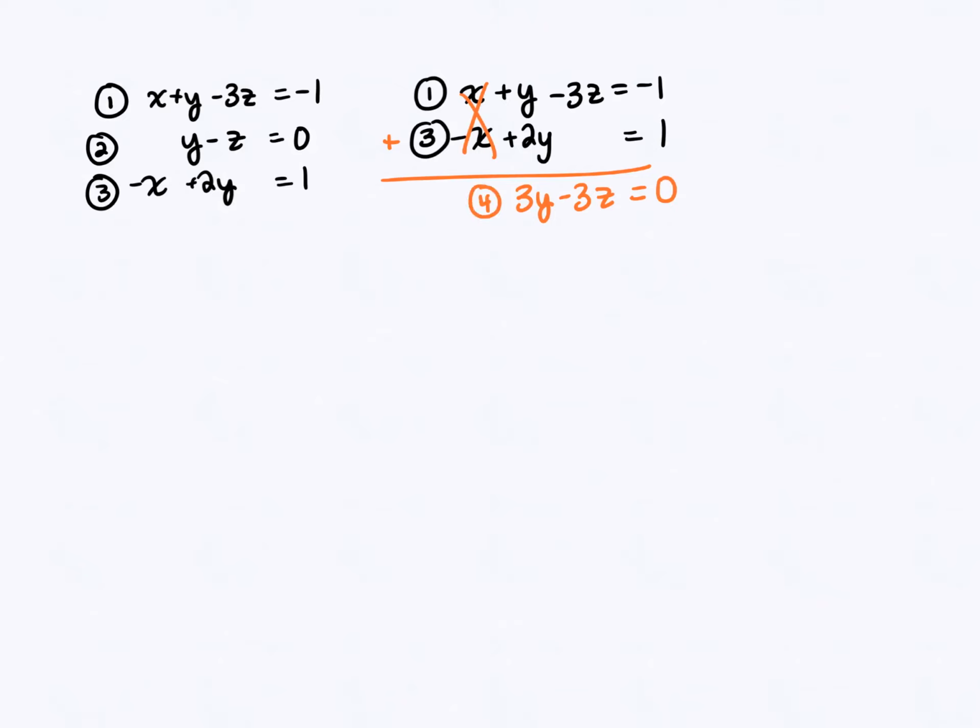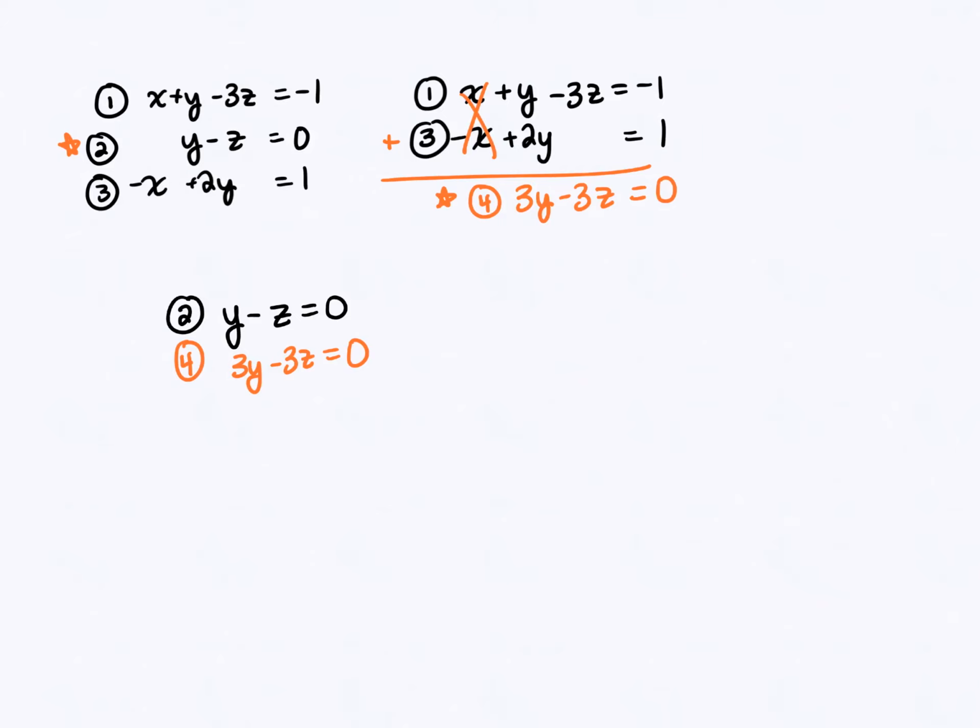And now I've got a 2 by 2 system, right? I've got two equations with two variables. So let's go ahead and put those two equations together. So I've got equation 2, which is y minus z equals 0, and equation 4, which is 3y minus 3z equals 0. Okay, I'd like to be able to eliminate a variable here.